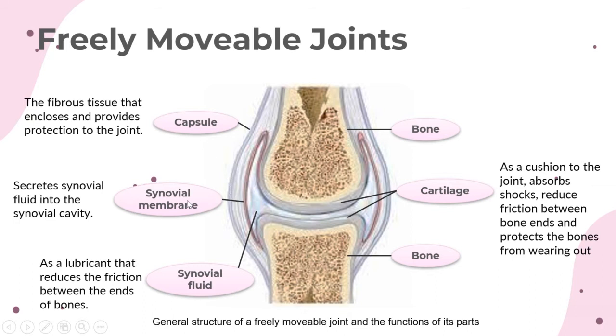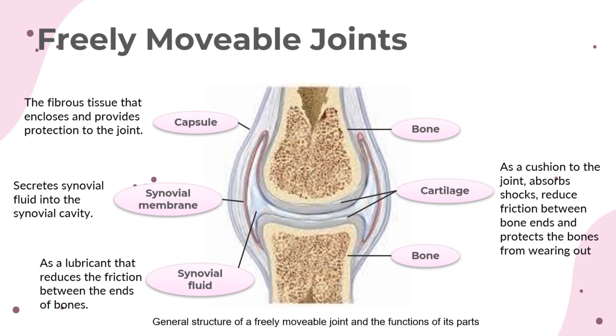The second structure of the joint is the synovial membrane. Just now was the capsule, the outer layer. So this is the synovial membrane.